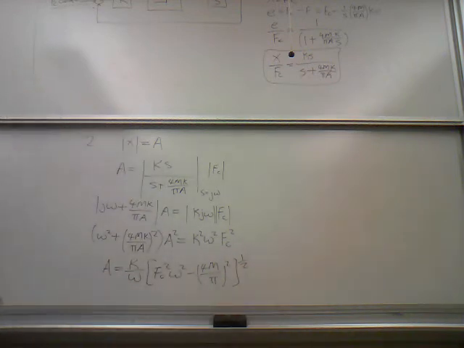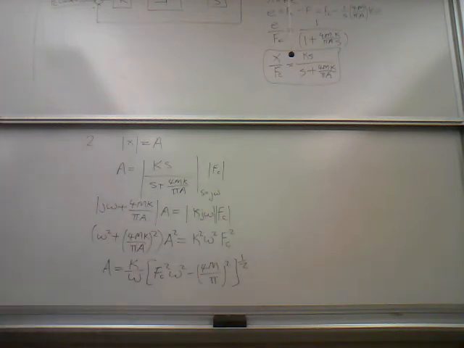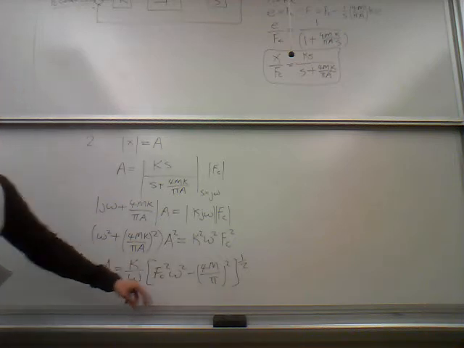So you basically multiply this out and move everything to the other side. That's it. So from this, you can see that A depends on both FC and omega.